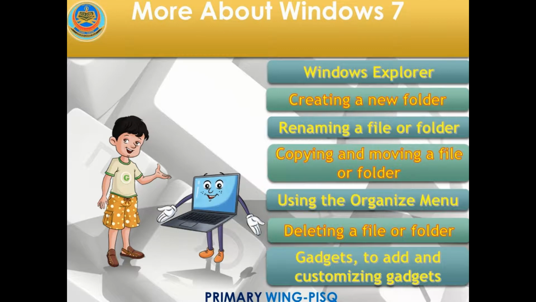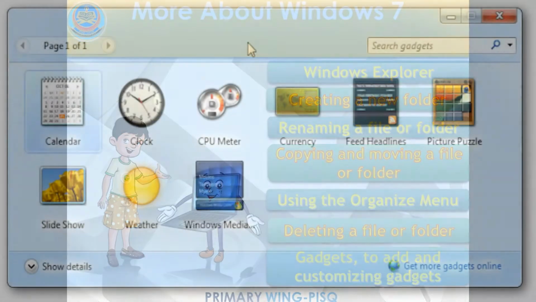In today's lecture, we will learn about more Windows tools like Windows Explorer, creating a new folder or file, renaming a file or folder, copying and moving a file or folder using the organize menu, deleting a file or folders, gadgets to aid and customizing gadgets.